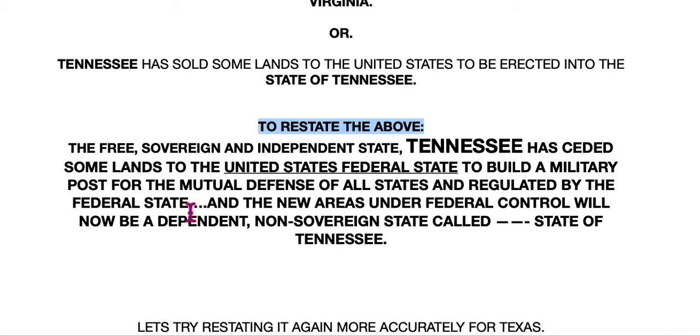And the new areas under federal control will now be a dependent, non-sovereign state called State of Tennessee. So the free, sovereign, and independent state, Tennessee, ceded some lands so that the federal government can organize fort building or military post building on those ceded lands.